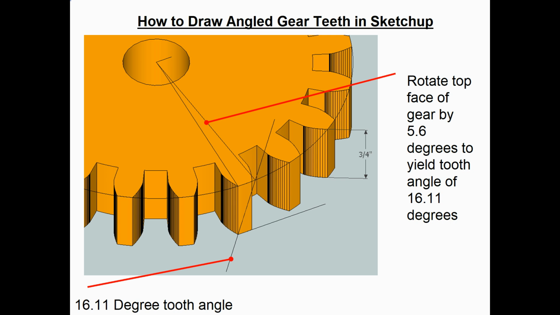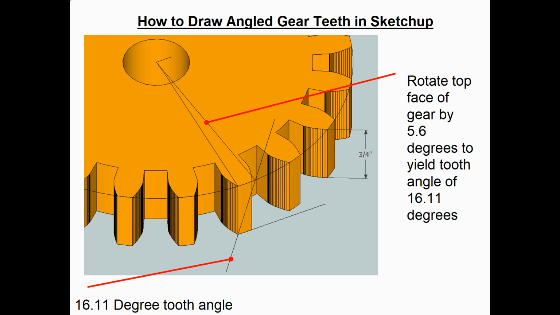So the way we do this, we draw a line from the center of the gear out to the left-hand edge of one of the teeth, and then draw that line vertically down to the bottom face of the gear. Then we can come in and make an angle of 16.11 degrees going up and to the right. And we know the top face of the gear needs to be rotated over that 16.11 degrees, and to yield that dimension.